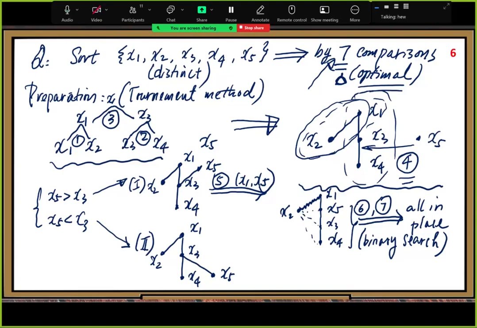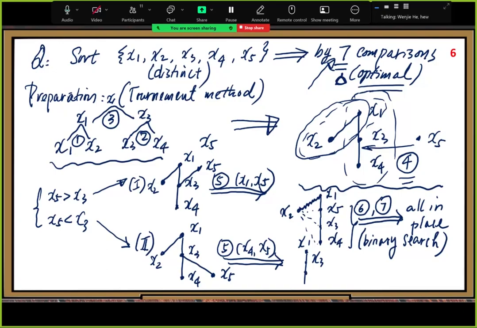Second case, similar. After one comparison, x4 and x5, we get the longest ordered chain, x1, x3.